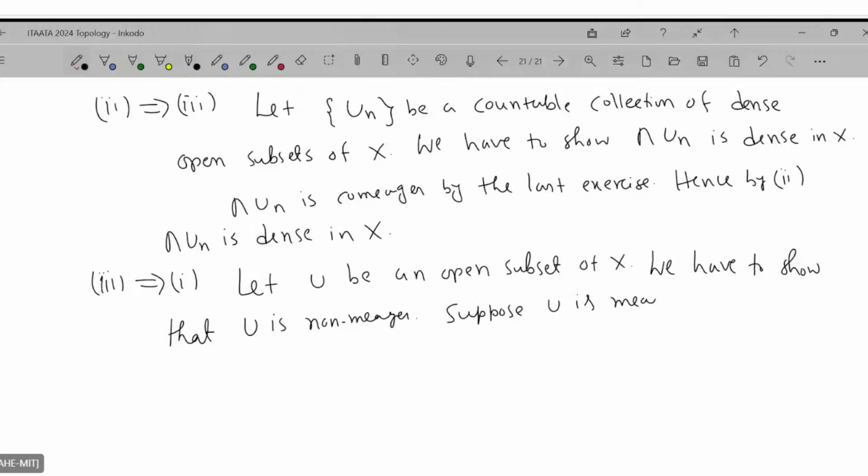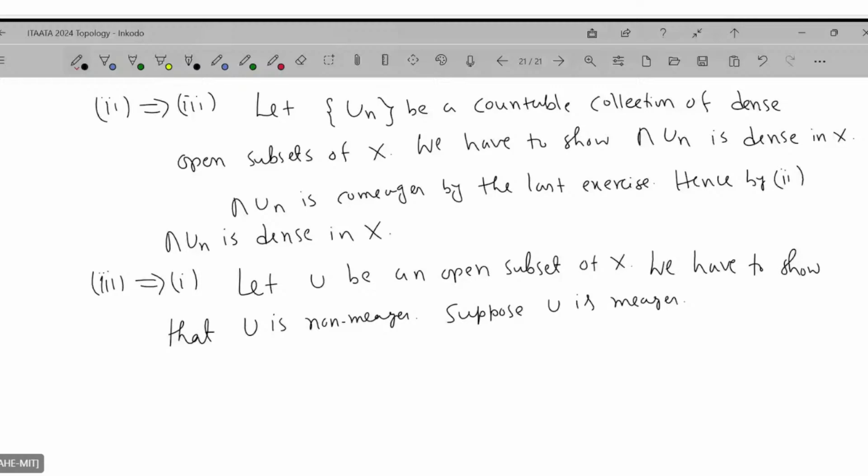Then what can you say? It can be written as a countable union of nowhere dense sets. From there we have to get a contradiction. So X minus U will be comeager, so it will contain an intersection of dense open sets.